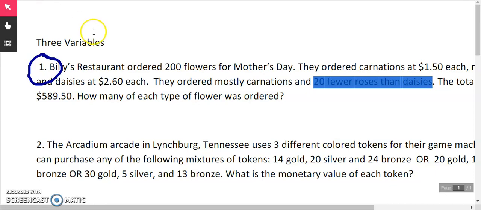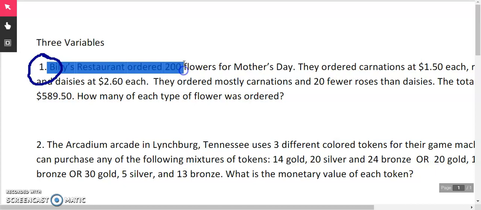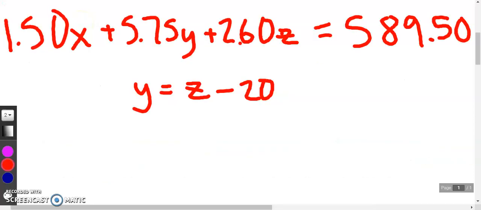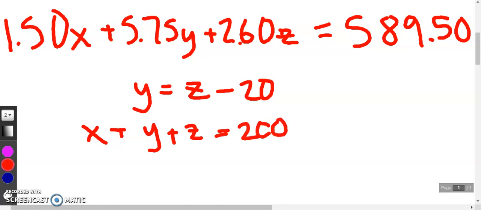And so the last thing that I need to know is that the order was 200 total flowers. Since my x's, y's, and z's just represent the number of flowers, if I have a total of 200, that means my three variables together should make 200 in total.